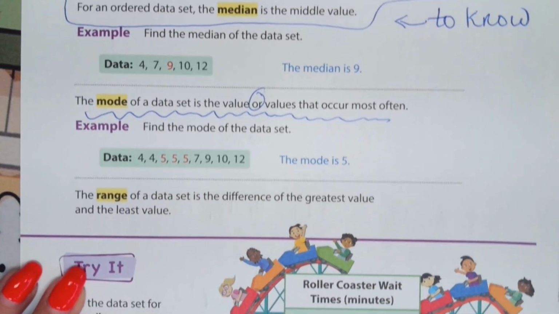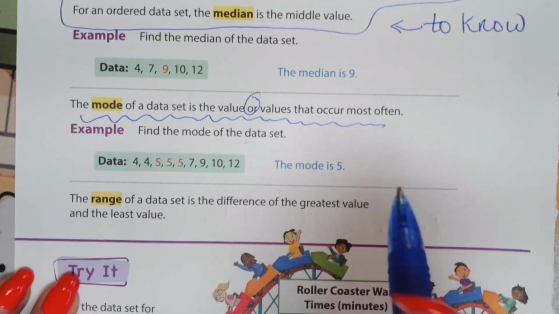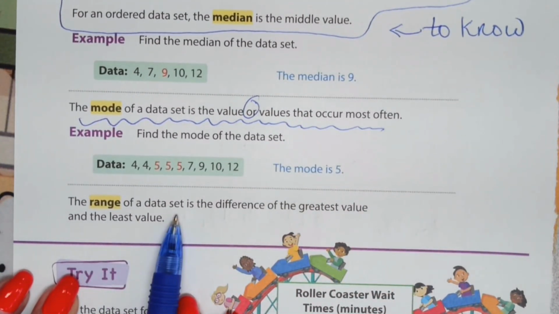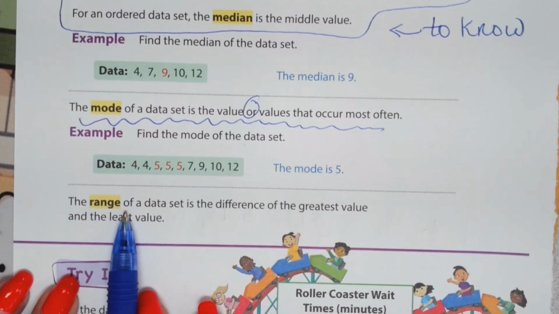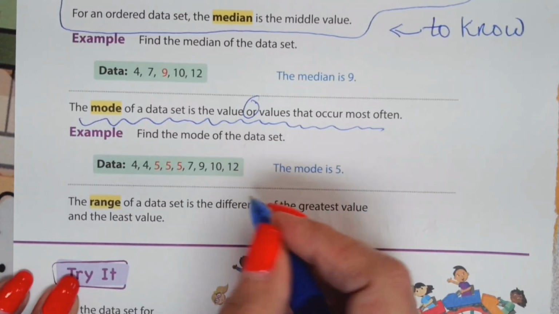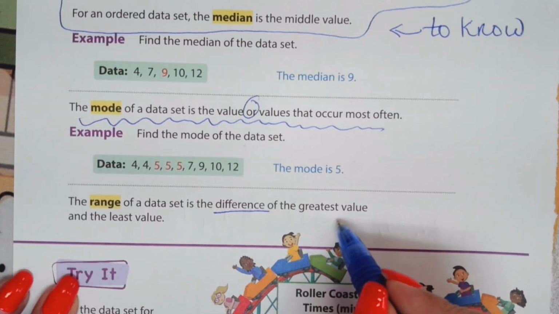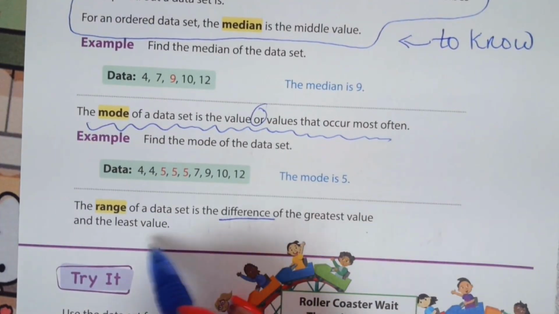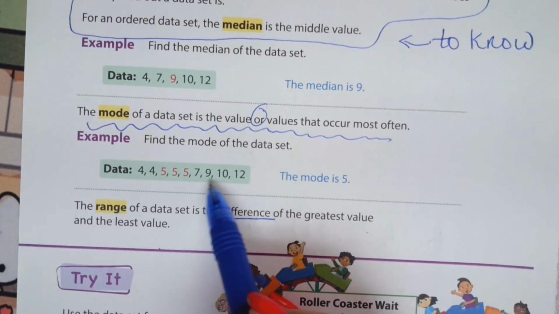Okay. Then we have the range. The range of a data set is the difference of the greatest value and the least value. For example, we have this data, the one on the top.